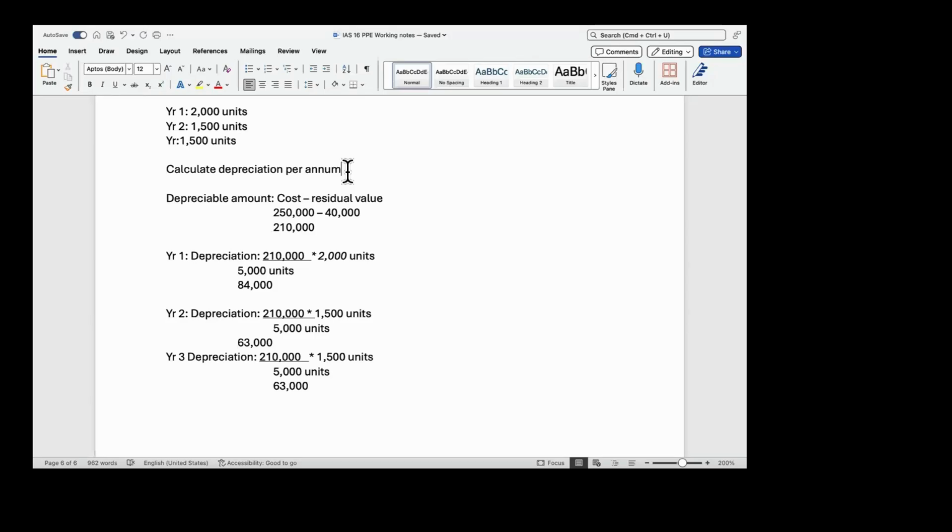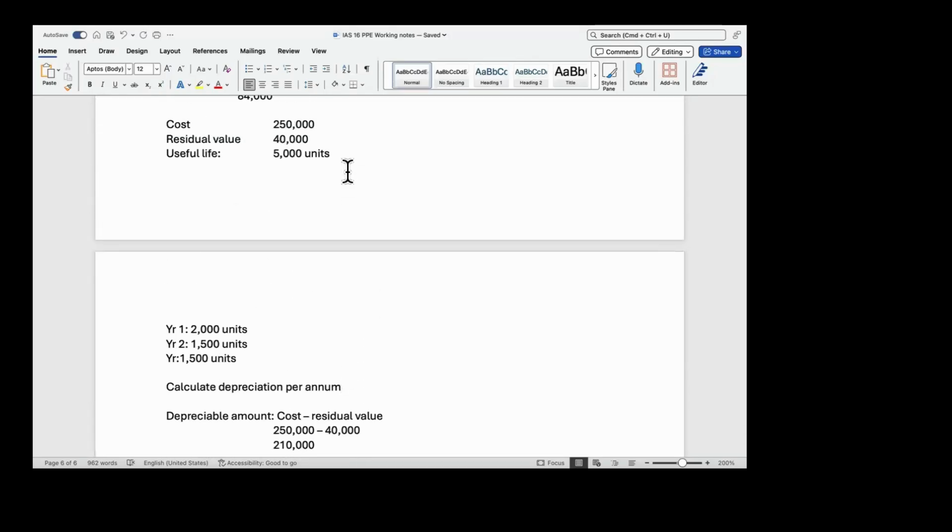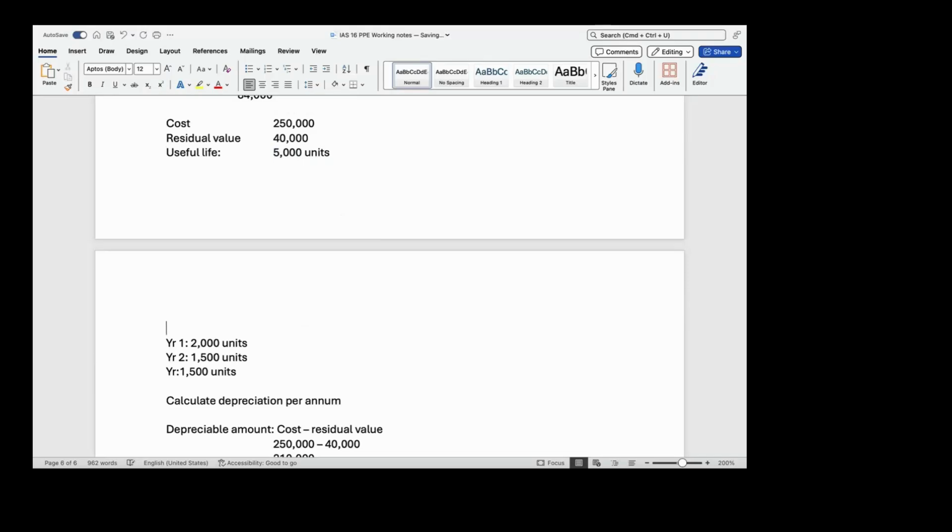Number two, another implication is this. If they give you a question like that, they say in year two, they incur the cost, and instead of 5,000 units, the new useful life is now 6,000 units.